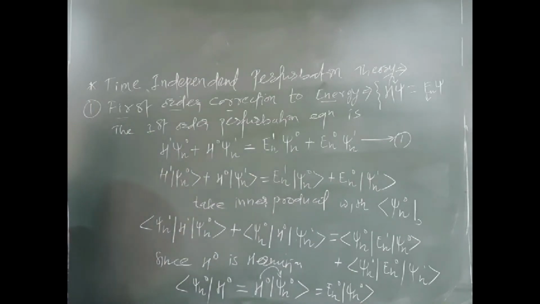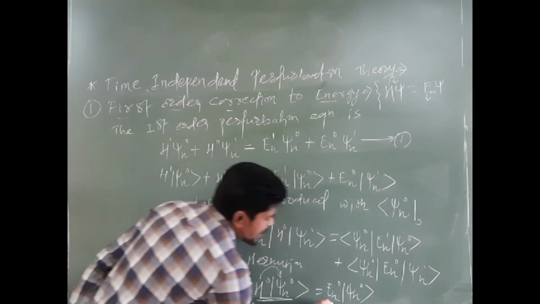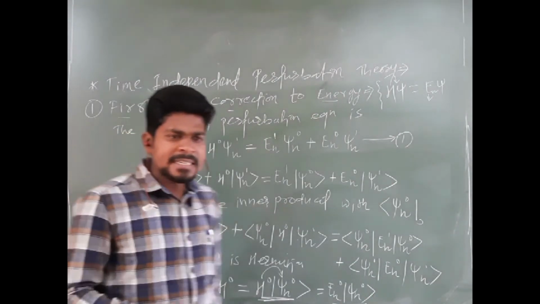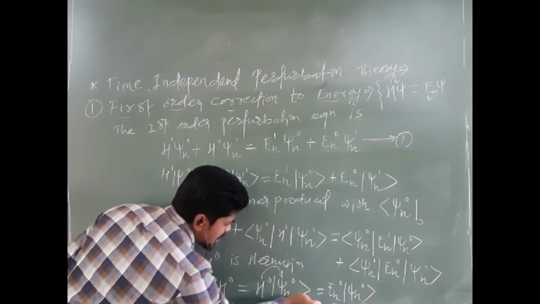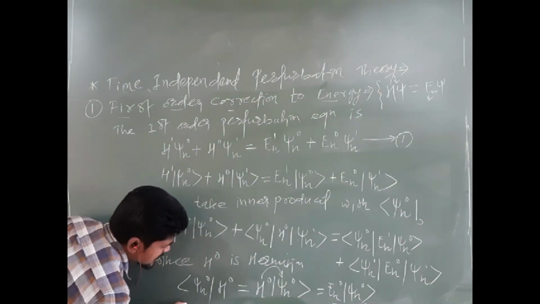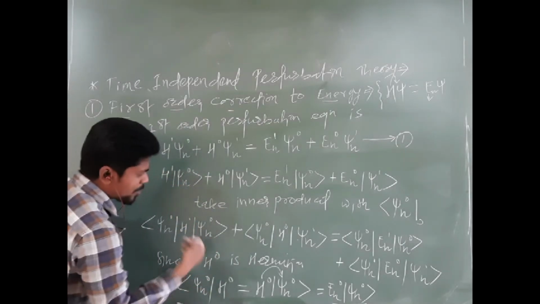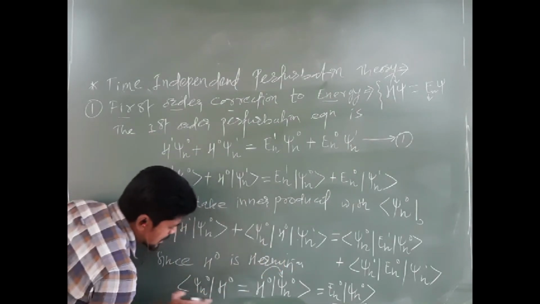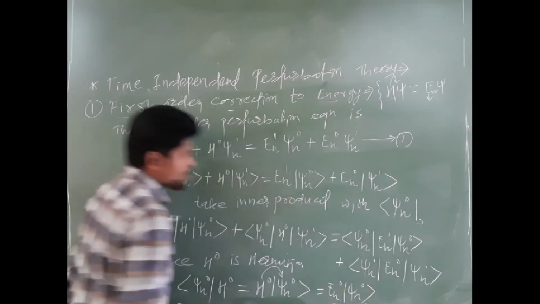So instead of Bra notation of psi n naught h naught, in the previous equation, I can write this E n naught psi n naught.